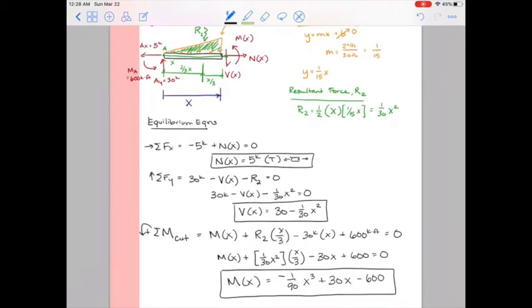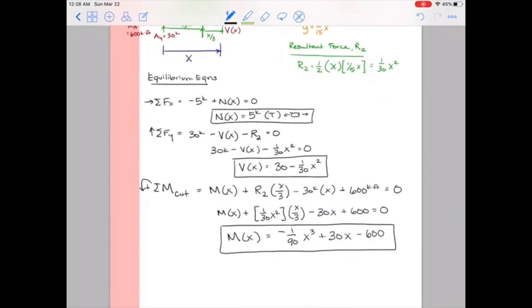Now I want to plot these diagrams. I was interested in plotting the axial force, shear, and moment diagrams. So I'm going to go to the previous page where I have my graph set up to plot these values.